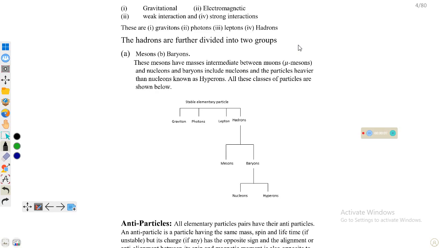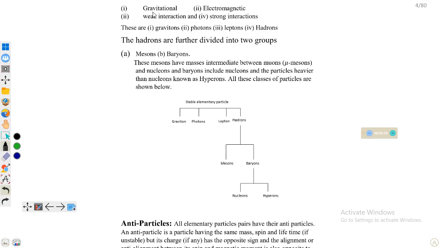In this lecture, we will discuss the basics of nuclear physics, and we will start from the types of forces, the four fundamental forces which exist in nature, and then the particles which are responsible for the mediation of those forces. The most common and very weak force is the gravitational force, which is very famous because of its extensive range.